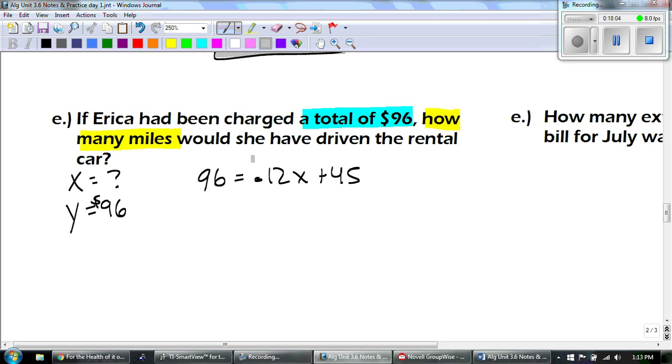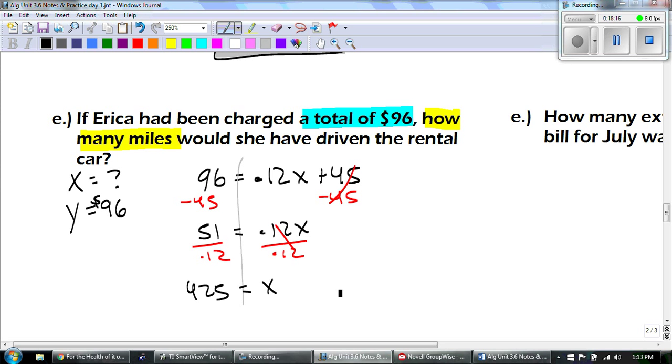So go ahead and pause the video, and good luck. Okay, so you should have gotten 425 for x, and remember we have to label it. So that's 425 miles.